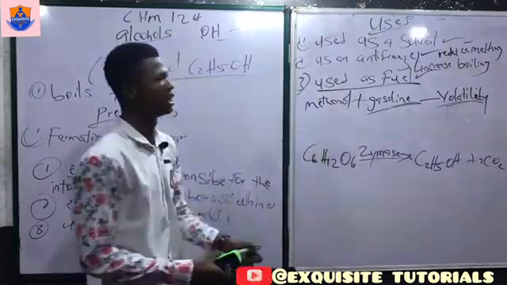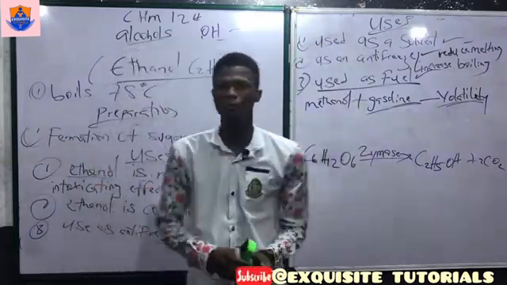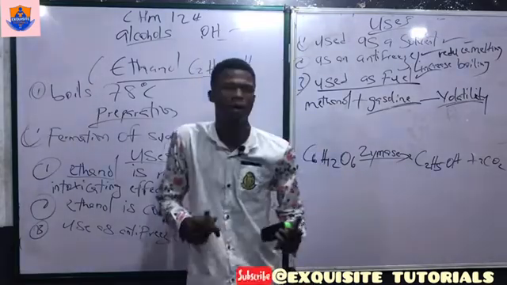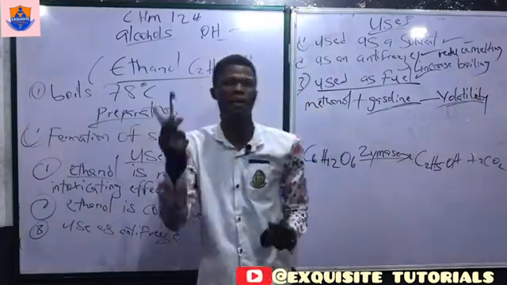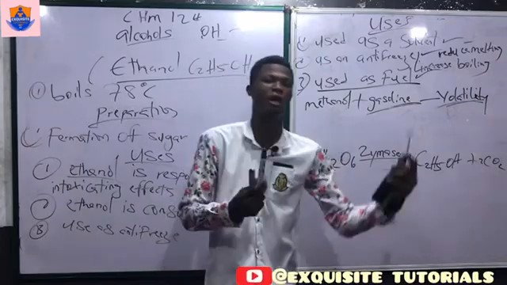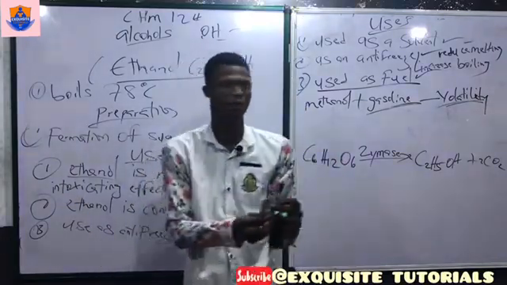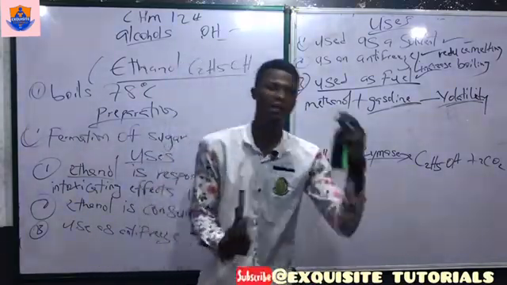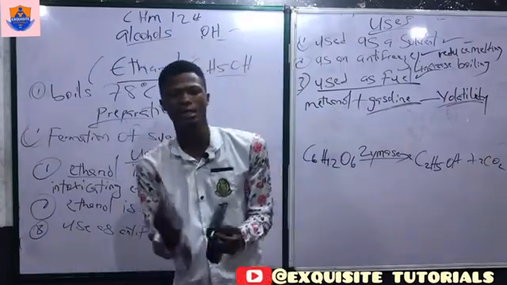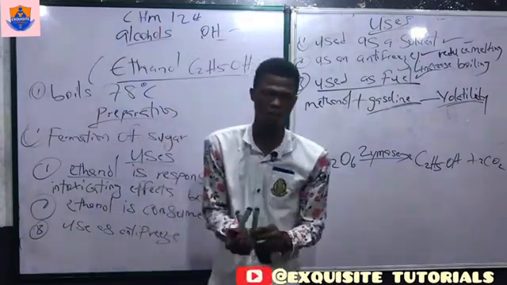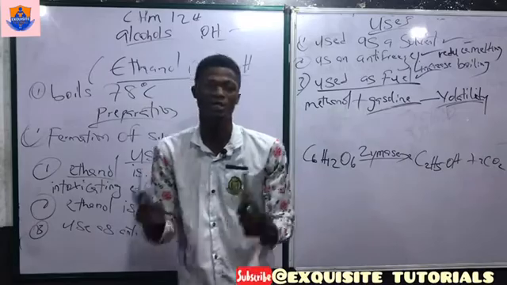But before I proceed, I want to ask us a question. Let's say, for example, Wallace, the faculty rep of BMS, University of Benin, brought out 3 liquids, and he wants to identify one of these liquids.